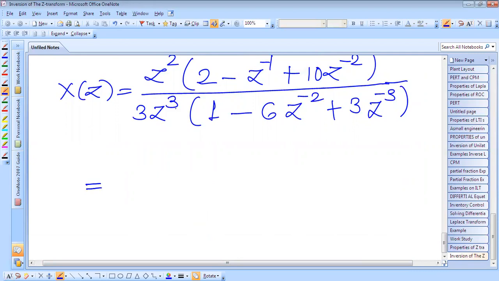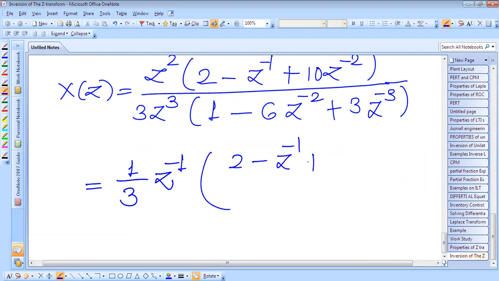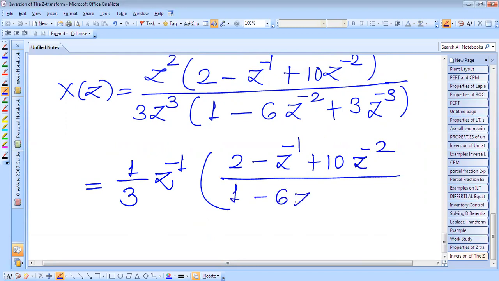So what will be there? 1 by 3 z raised to power minus 1 into 2 minus z raised to power minus 1 plus 10 z raised to power minus 2 divided by 1 minus 6 z raised to power minus 2 plus 3 z raised to power minus 3.